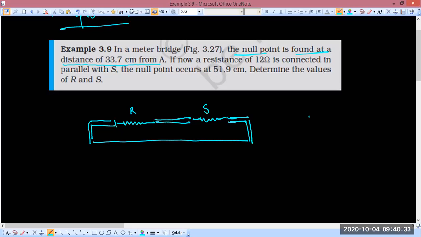So null point 1, first situation, is at 33.7 centimeter from A. So A અહીંયા છે. Clear? Maybe somewhere here. Right? Okay. આટલો question સમજાઈ ગયો અહીં સુધી?